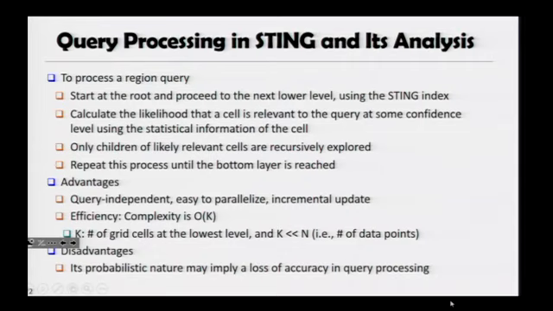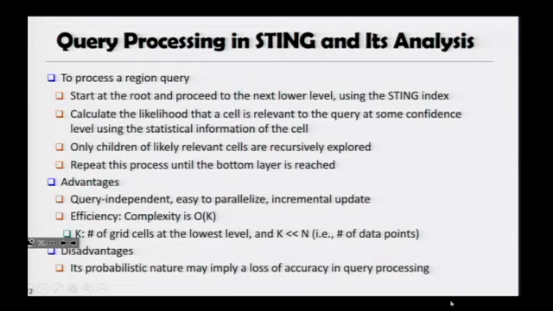Recall that all the statistical information of every cell in the whole structure has been pre-computed and stored, so this likelihood can be computed very efficiently in this recursive top-down stage.